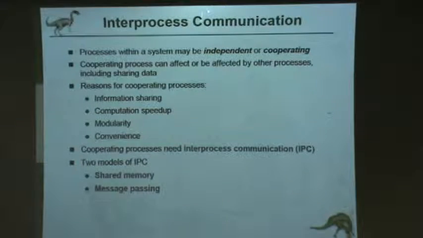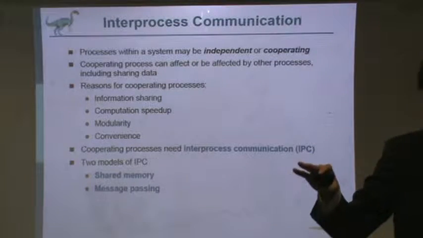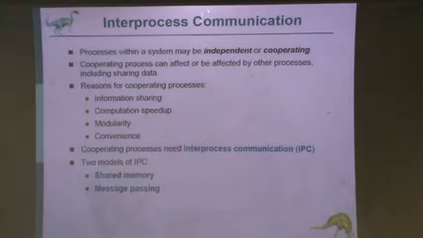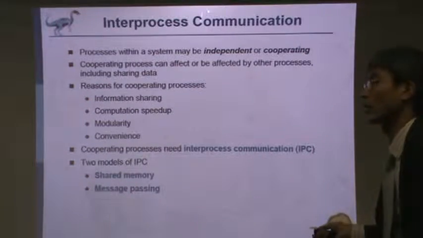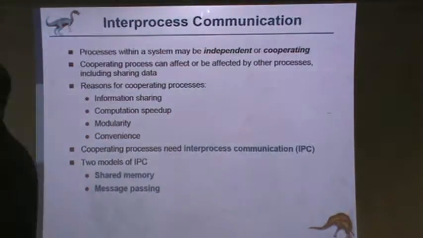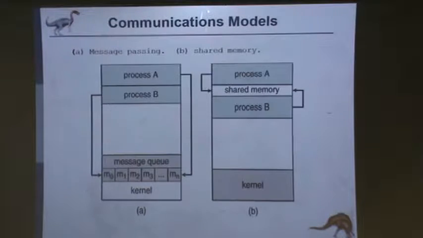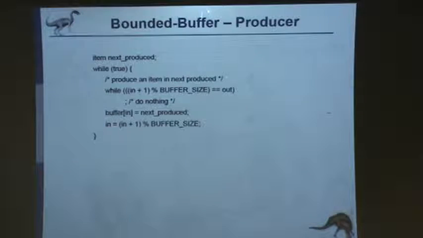Another way is using message passing. Regarding message passing, we can implement it in many different ways. We can use a message queue, or sometimes a client-server environment, such as sockets. We will see details of such message passing mechanisms today also.